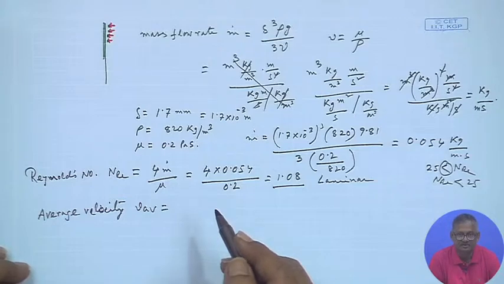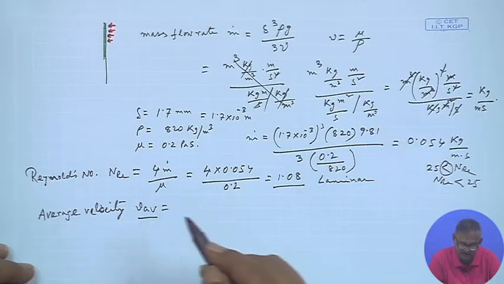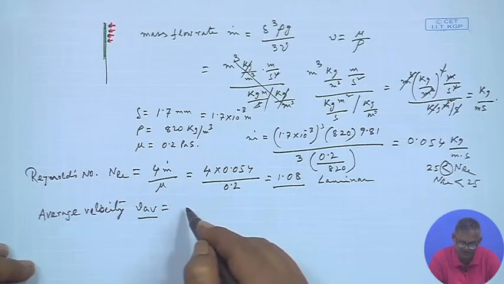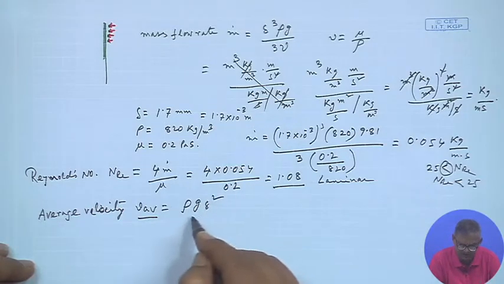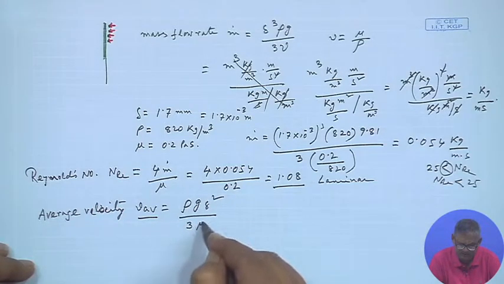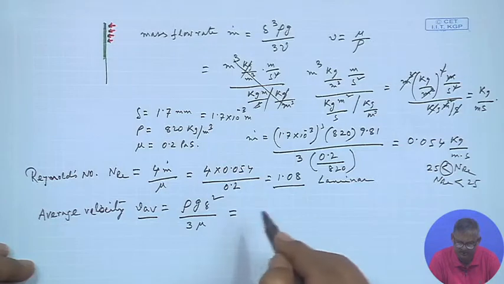If you remember, we had given this average velocity in three forms. One was rho g del square by 3 mu.